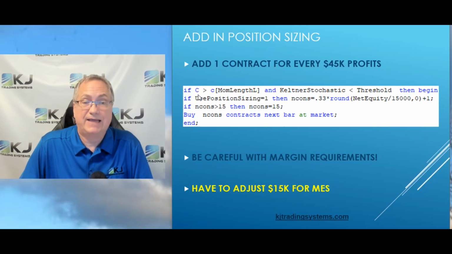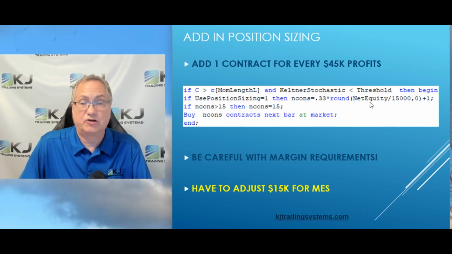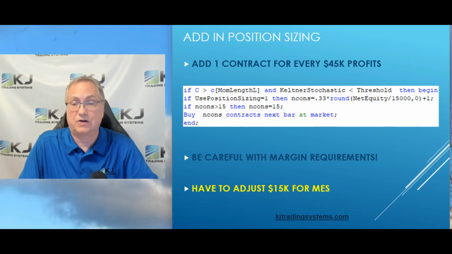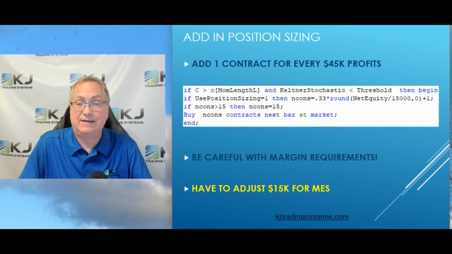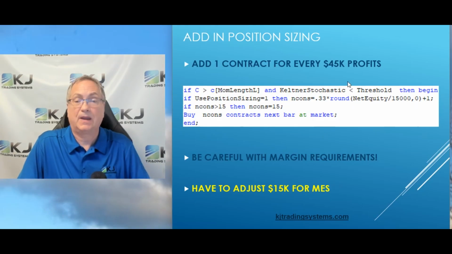It just says, if I have this use position sizing flag equal to 1, then I'm going to base the number of contracts I trade on my net equity, which I calculate up above. I don't show you that. I divide it by 15,000 and multiply it by 0.33, add 1 to it. So I'm always trading 1 contract at least.